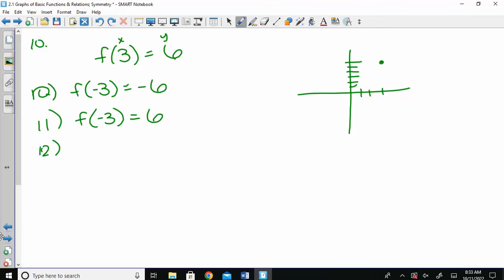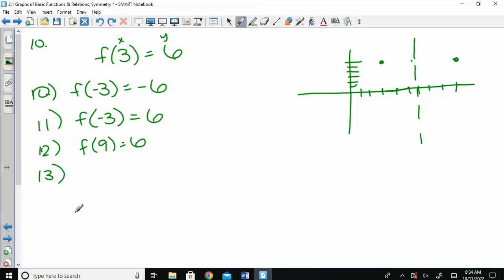Number 12, if it's symmetric to the line x equals 6, I was really kind of tricky here. X equals 6 would be this vertical line. So this point is 3 away from the line. So if I fold it, it would go 3 the other direction. So we add. So it's f of 9 equals 6. Had to throw a thought question in there.